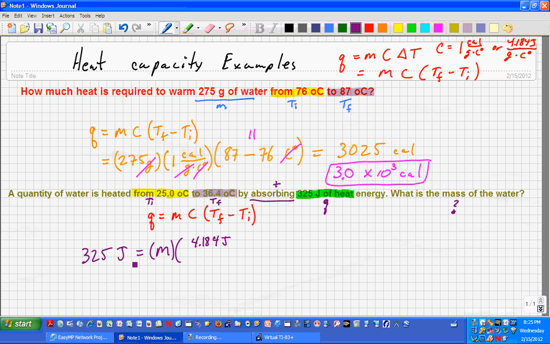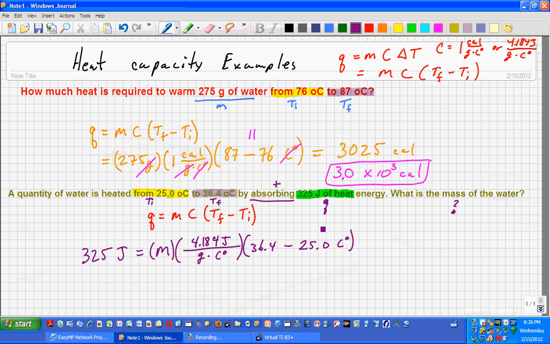I can't use calories, otherwise my units aren't going to work out. Per gram degree Celsius times T final, which is 36.4 minus 25.0, that's my initial, degrees Celsius.